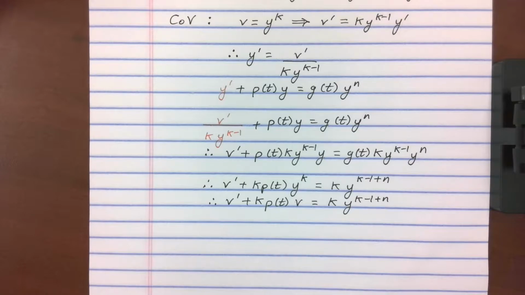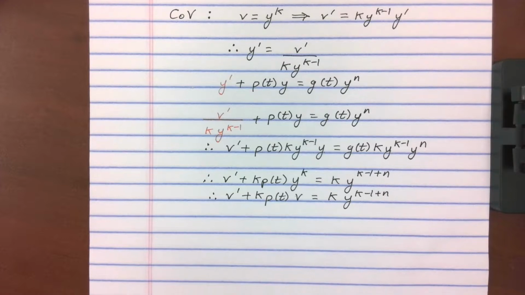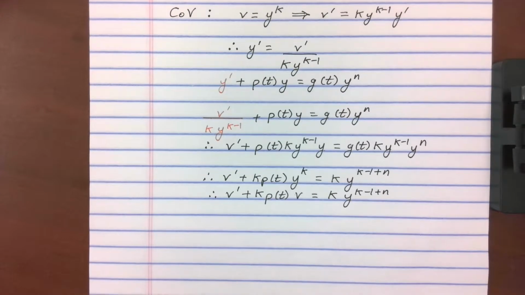At this point, it doesn't look any easier than this form we started with. But remember, we still have not said what k should be. So we have the freedom to choose the value of k so that this equation becomes linear. And the only option that we have left for the value of k is 1 minus n. And how do we get that result?